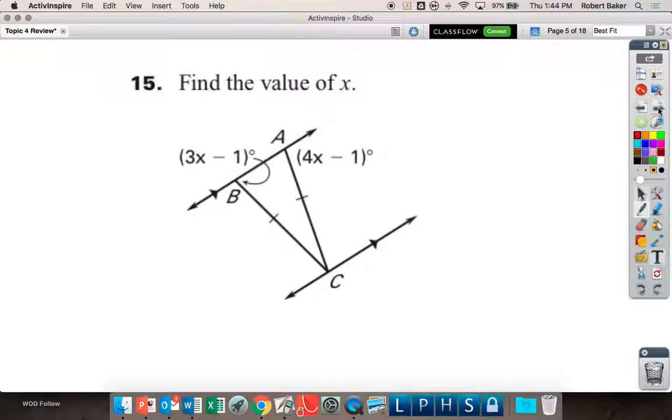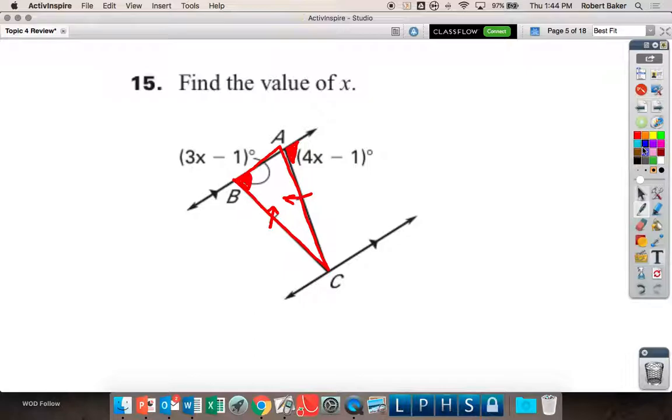Okay, so understanding that 3x minus 1 is right here, and 4x minus 1 is right here. This is weird, isn't it? So here's how I attack this problem. This is an isosceles triangle. What do you know about isosceles triangles? Base angles are equal.